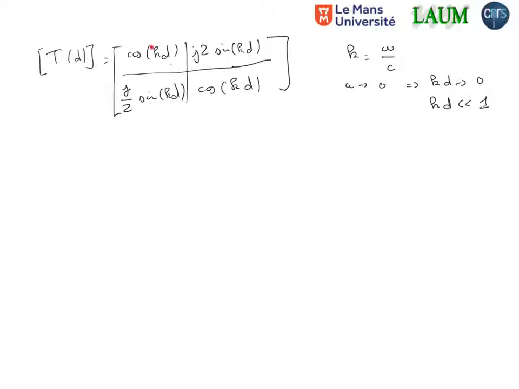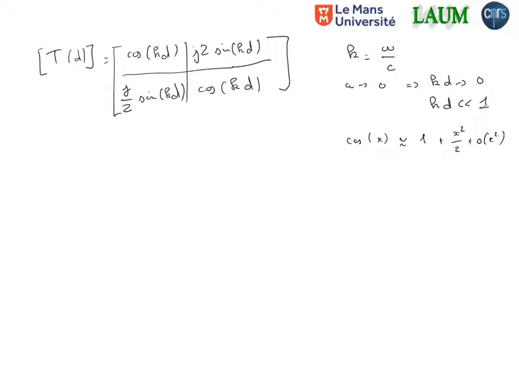Okay, so we just have to make the Taylor expansion of the cosine and sine. For both, we just consider the first order term, the term which has the most influence. For cosine, we have the classical formula that cosine of x can be approximated to 1 plus x squared over 2 plus something which is of the order of x to the fourth.